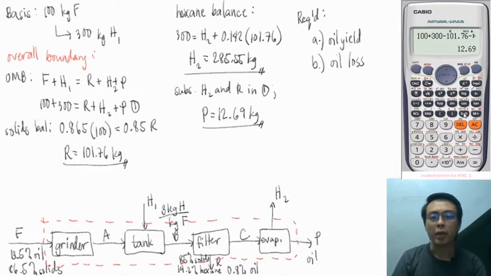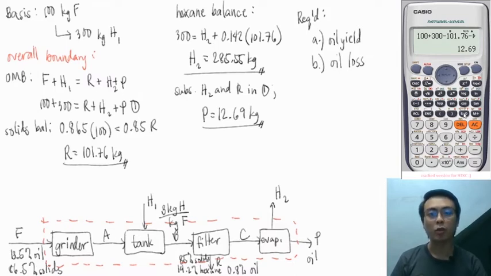So we have determined the unknown streams outside of the system boundary. Now, as you have noticed, we no longer need to pursue other calculations using other boundaries. We would only be determining other boundaries, for example, if we consider the grinder only, or the filter only, if we need to solve for the values of A, B, and C. Based on the required, which is just oil yield and oil loss, we don't need to determine the values of A, B, and C anymore.